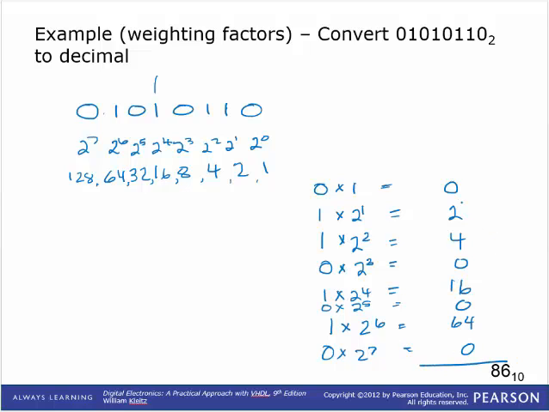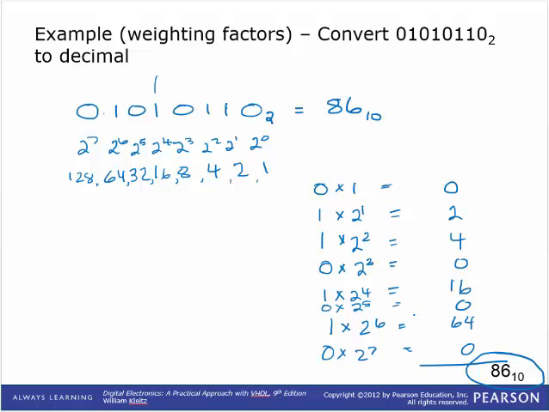And now what I do is I add all of these numbers up right here, and they add up to 86 in base 10. So this is called the weighting factors technique for converting my base 2 number, binary, to a base 10 number, which is decimal. So this number in base 2 equals 86 in base 10, or decimal numbering system. So that's the weighting factors technique.